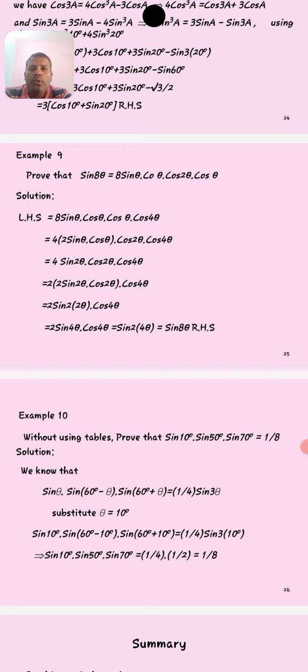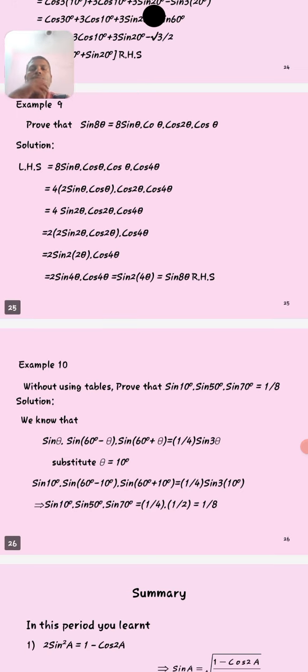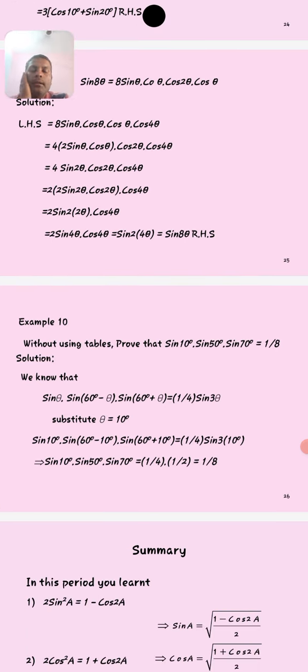That is 4 into sin 2 theta cos 2 theta cos 4 theta, then 2 into 2 sin 2 theta cos 2 theta cos 4 theta, which is 2 sin 4 theta cos 4 theta. Then 2 sin 4 theta cos 4 theta equals sin 2 of 4 theta. We get sin 8 theta, that is the RHS part.